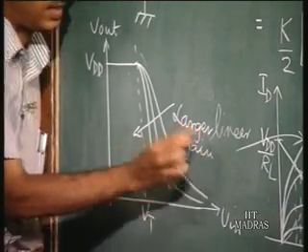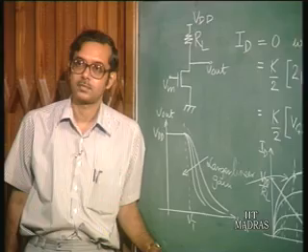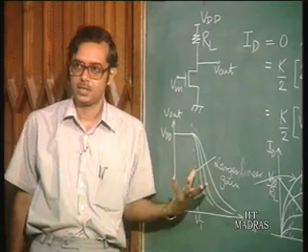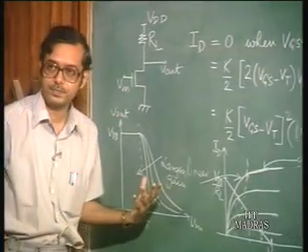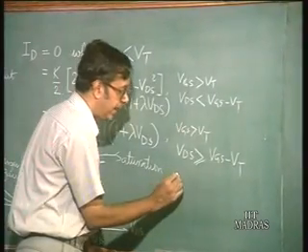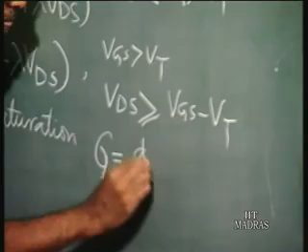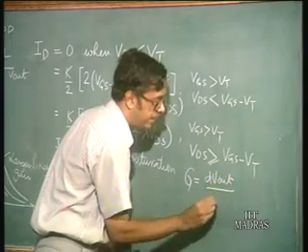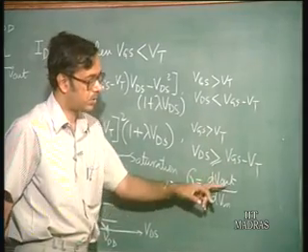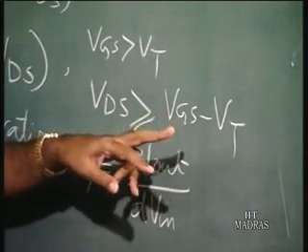Now, if you want to have better characteristics, we have to increase the gain. What is the gain equal to? Gain we shall say is equal to dV out by dV in, and V out is equal to VDD minus ID RL.